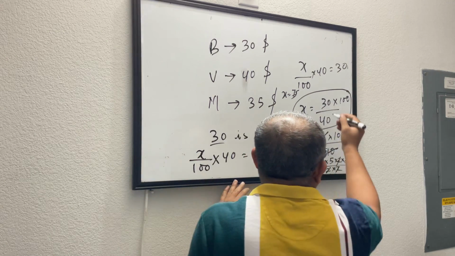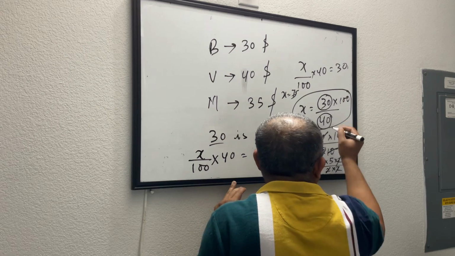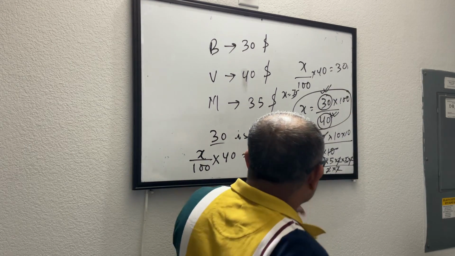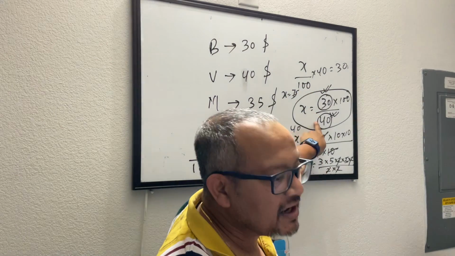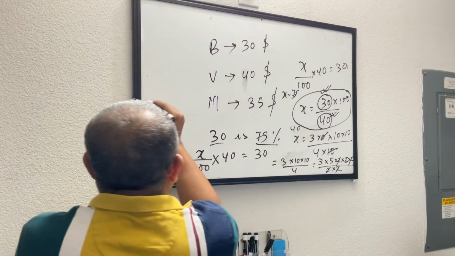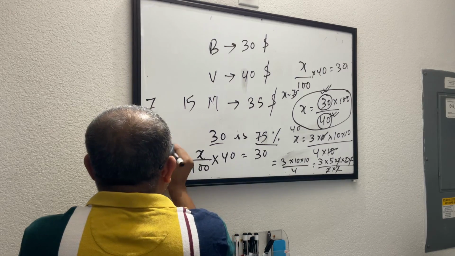If you have to find out percentage of any number against another number, 30 is what percentage of 40? From this story, this is what came out. So if you want to do a faster approach, if you have to find out 7 is what percentage of 15, you'll say okay, 7 by 15.